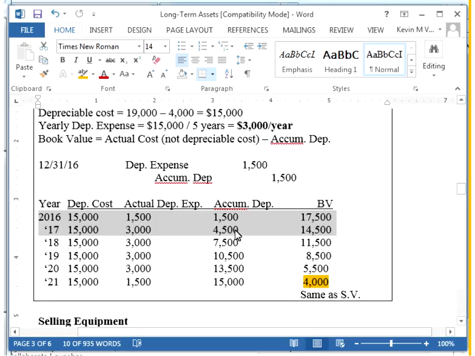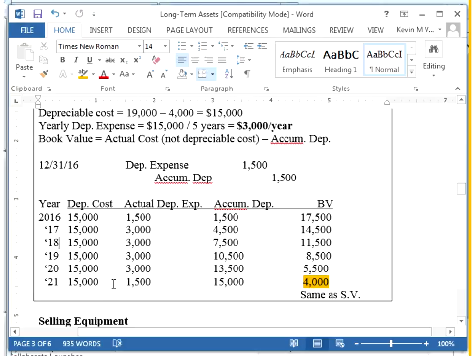My accumulated depreciation has an opening balance right now of $4,500. My vehicle cost $19,000. This is what I would want to have on my T accounts: vehicle with a $19,000 debit, and accumulated depreciation for the vehicle of $4,500 up to date through 2017.